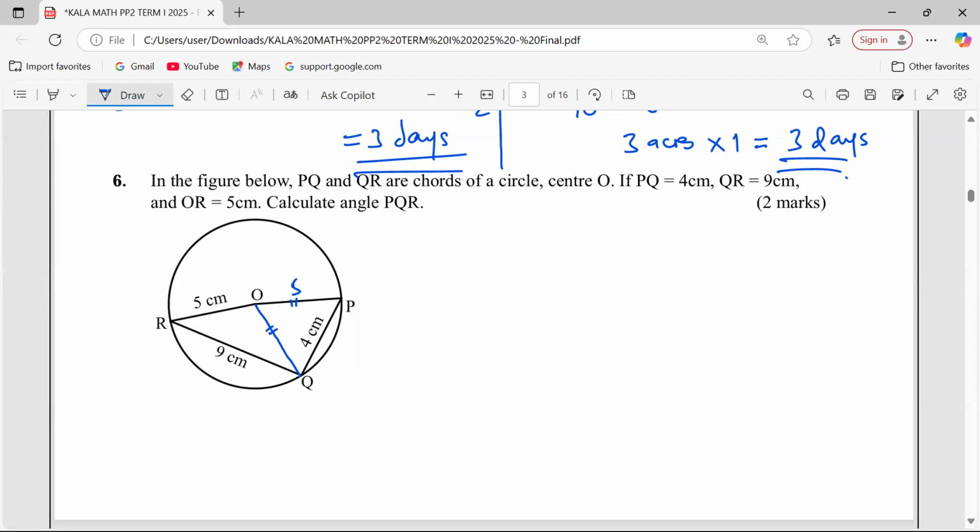Remember, the angle to be found is the angle PQR, which means the whole of this angle. So OQR plus OQP. Let me extract the triangles now. I'll begin with the first triangle.